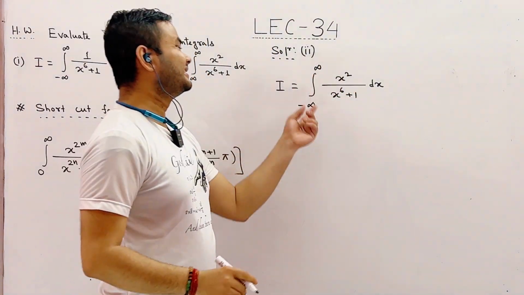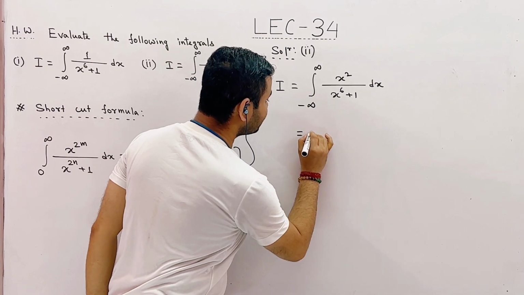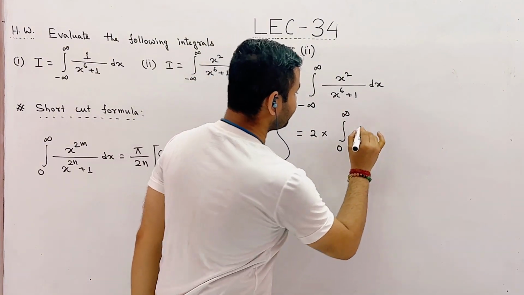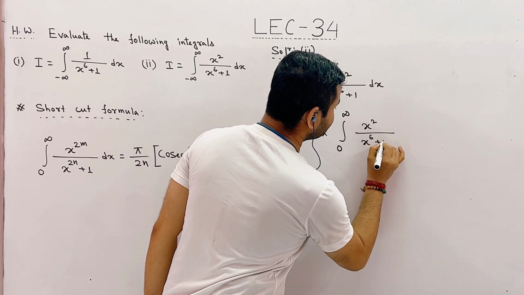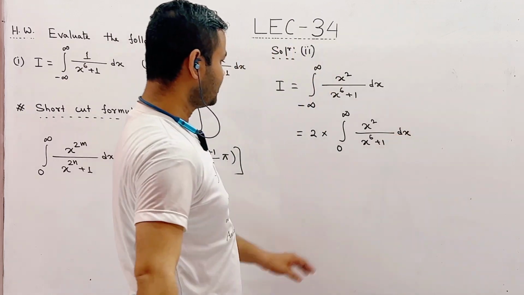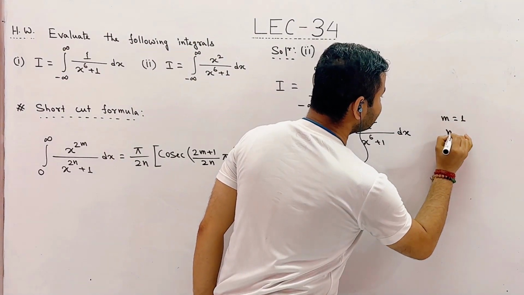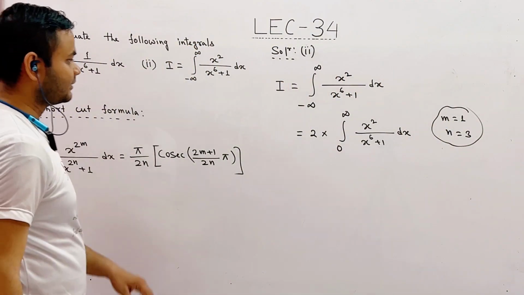Since this is an even function, so therefore, this integral can be written as 2 into integration 0 to infinity x square divided by x to the power 6 plus 1 into dx. For this case, m is equal to 1 and n equal to 3. Now, let us apply this formula.